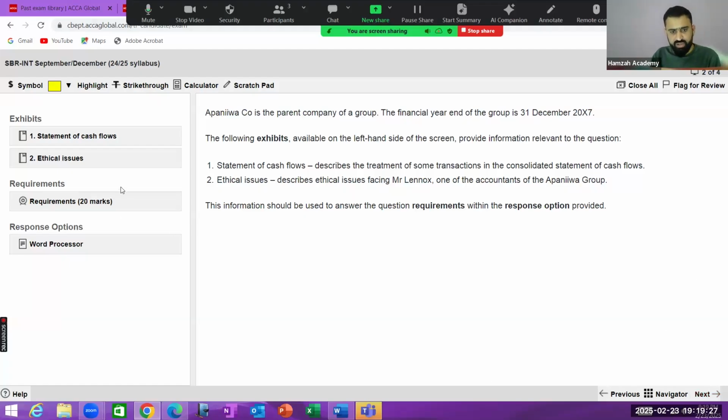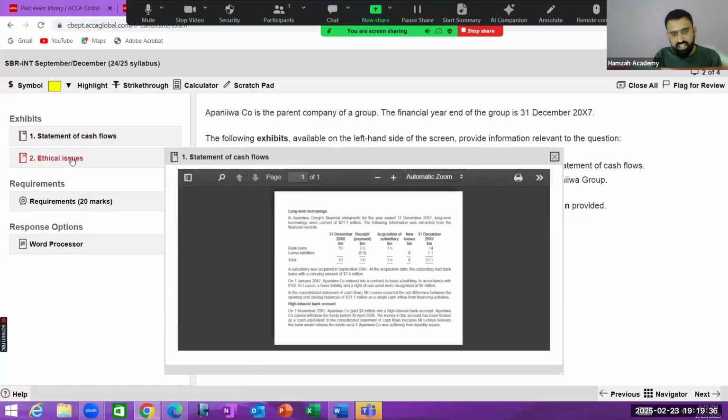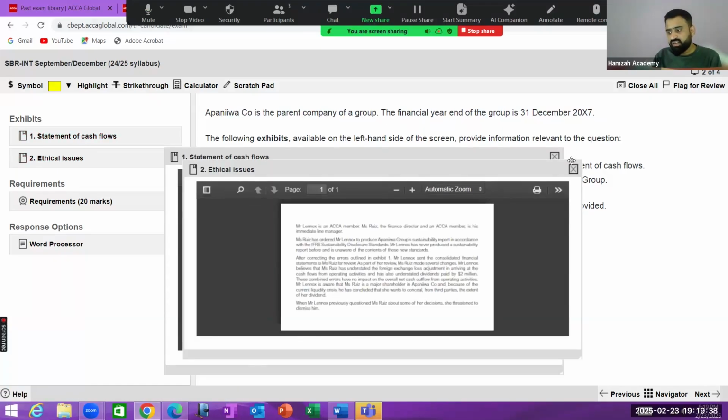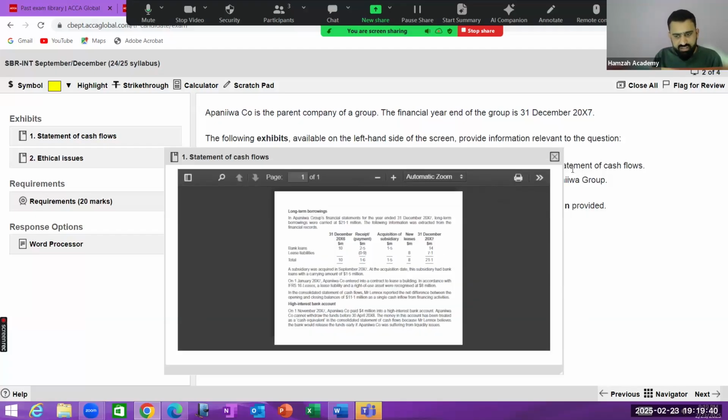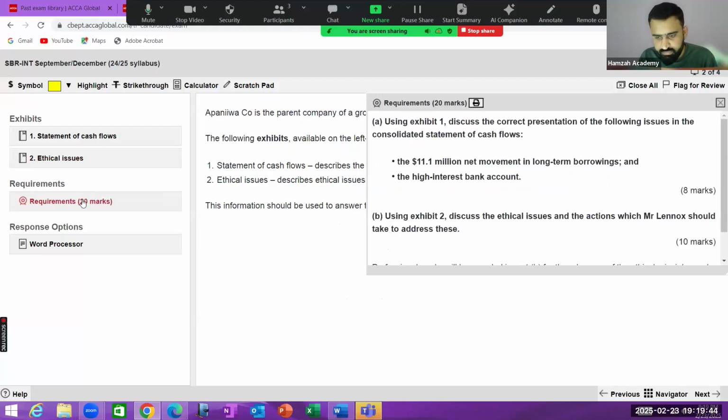So in question number 2, you will have an accounting issue, like here you have the statement of cash flow. Then you have an ethical aspect on that issue. We will discuss it later in detail, and there are requirements. Each exhibit, as I told you, will have a specific requirement.